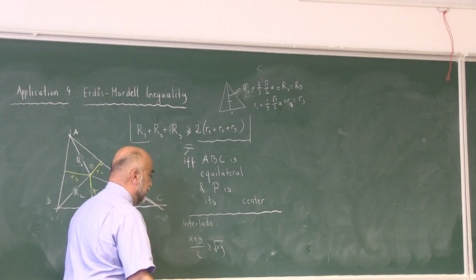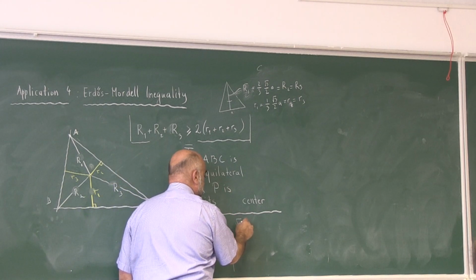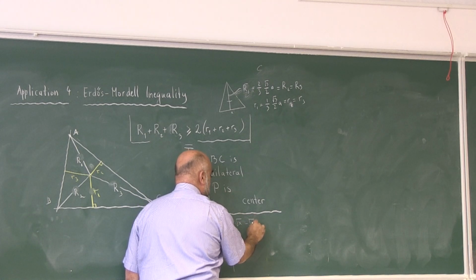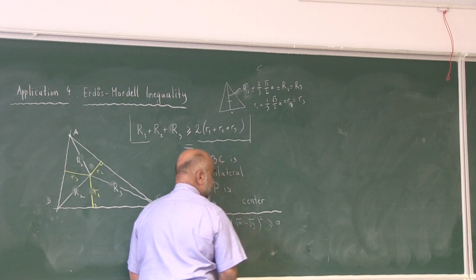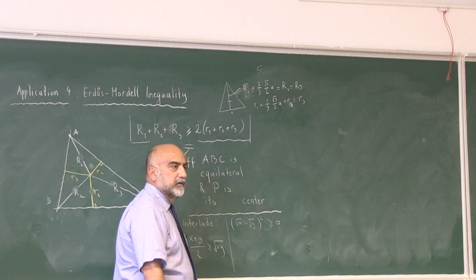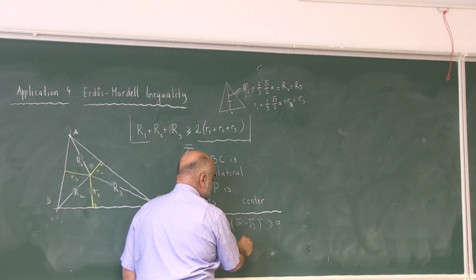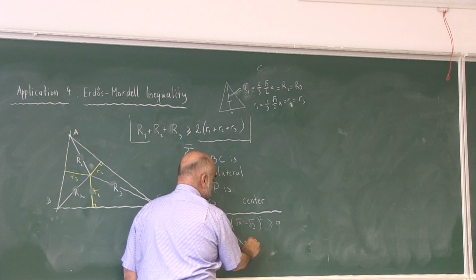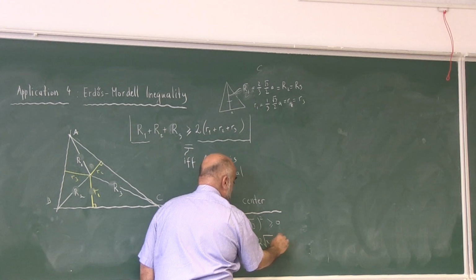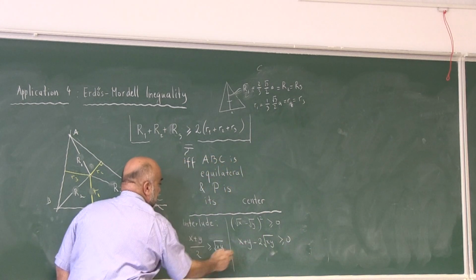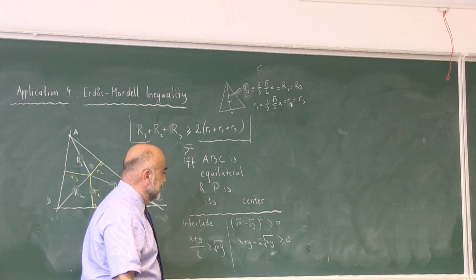Why is this true? Do you know the proof? Well, of course. If you take square root of x minus square root of y and square it, then this is positive, isn't it? And when does this become an equality? If x is equal to y, right? So this is x plus y minus 2 times square root of xy, larger than 0. So that's the fastest proof.